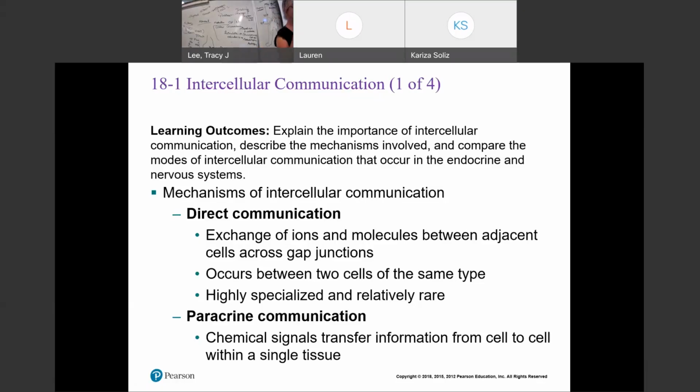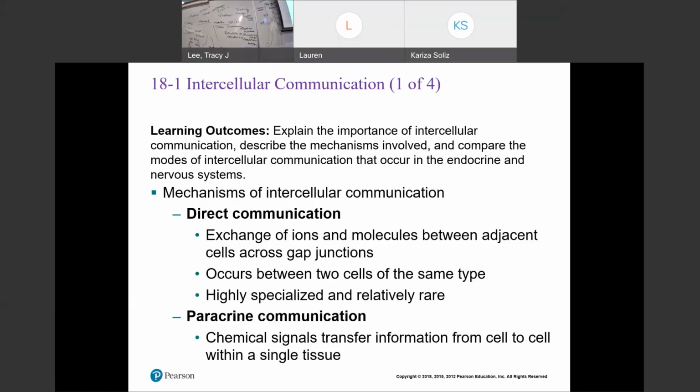If you guys remember back when we talked about skin, and we talked about a cut, and they release a signal that says, hey, we're injured, we need a clot, we need to do that kind of stuff. That would be an example of a paracrine cell. It is secreting a chemical that's talking to those cells right there in that area. So it's a short-term signaler. It's a local signaler is your paracrine.